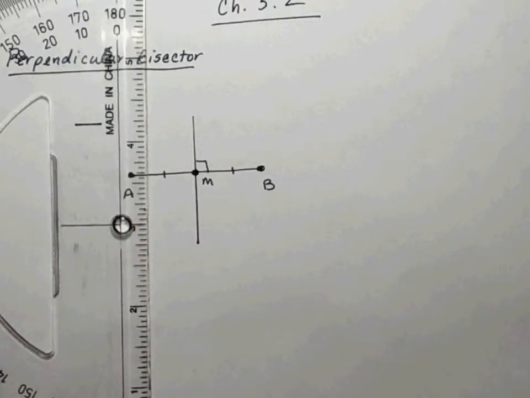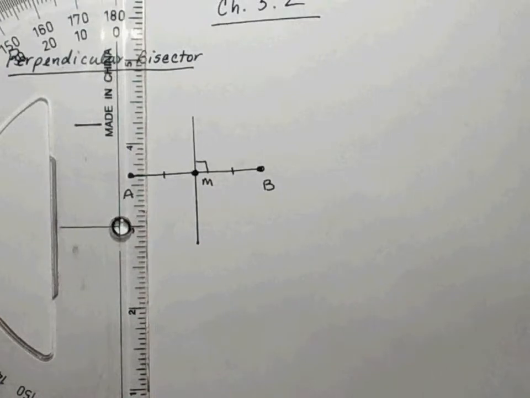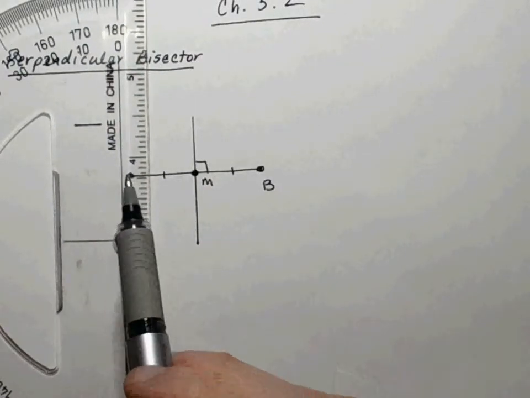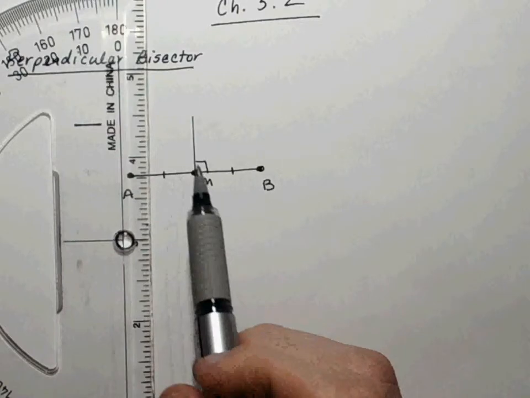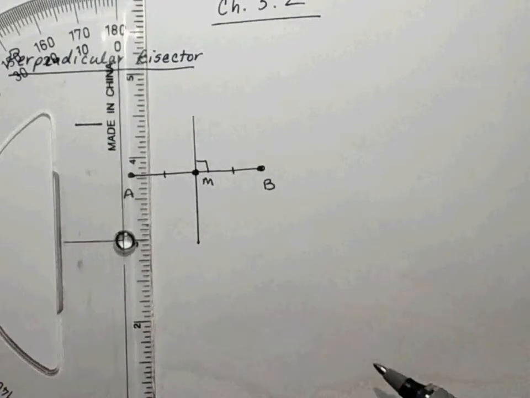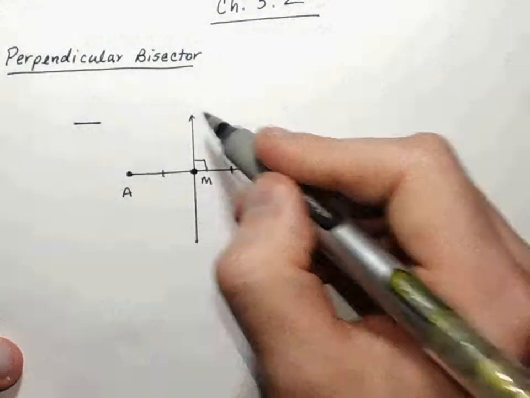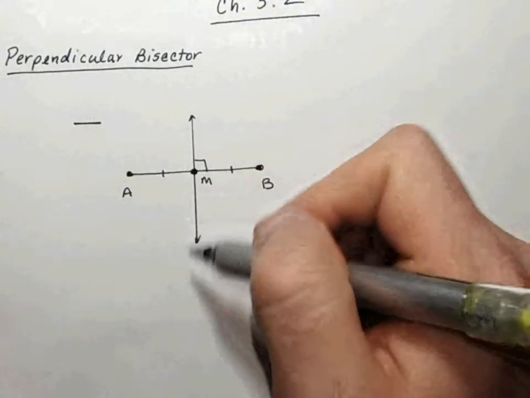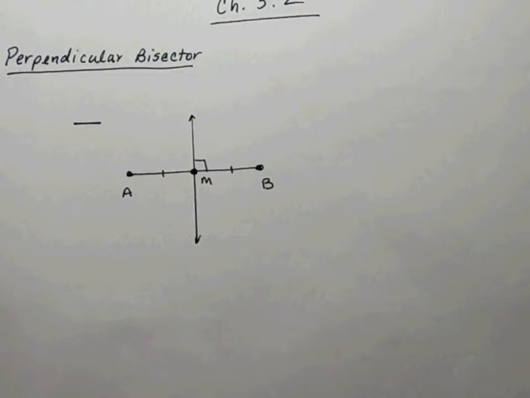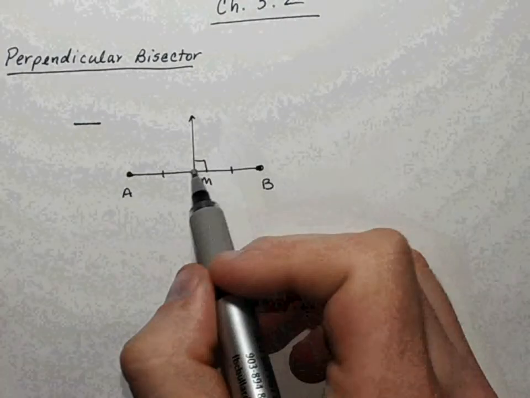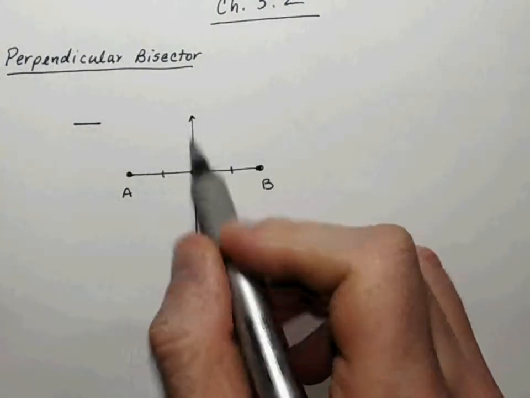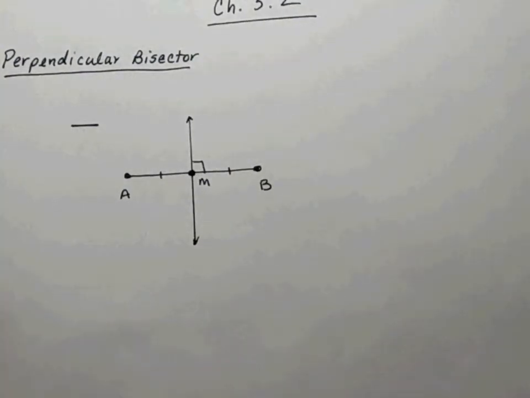It's kind of confusing maybe to some. You just have to practice it. Match up your line to whatever line you want to be perpendicular to, and then draw along the edge. Right here would be our perpendicular bisector that's going vertical. It goes through the midpoint and it's perpendicular to our segment.